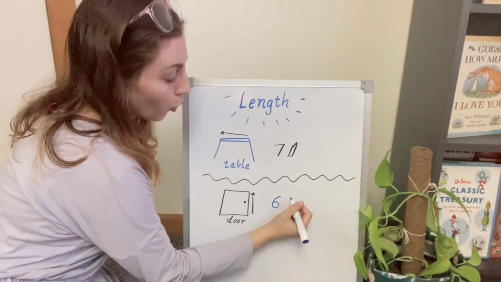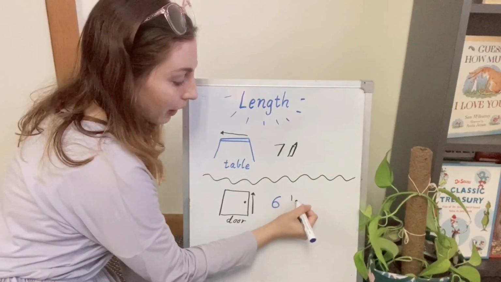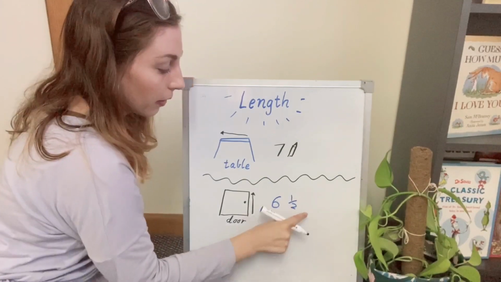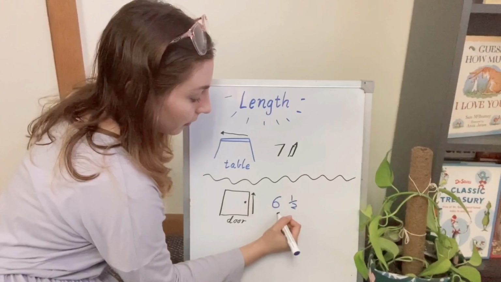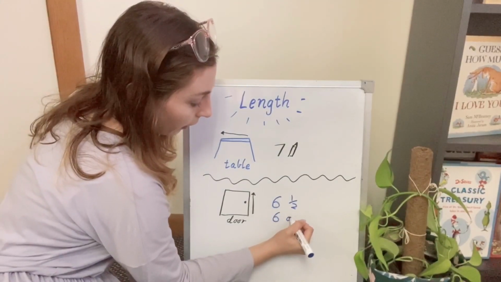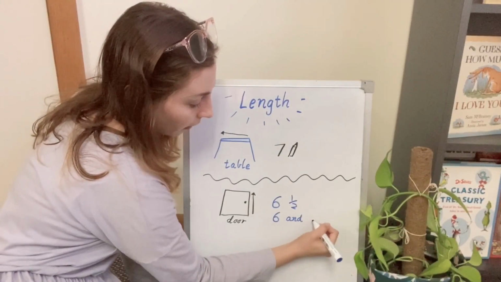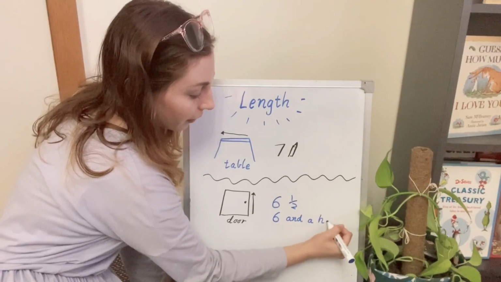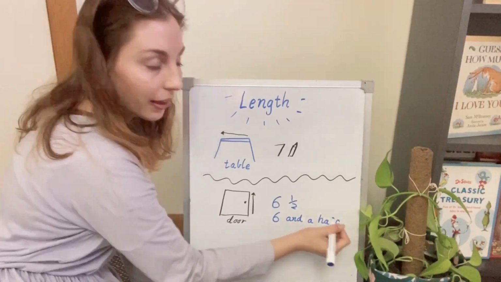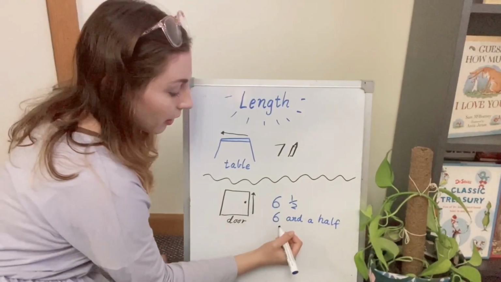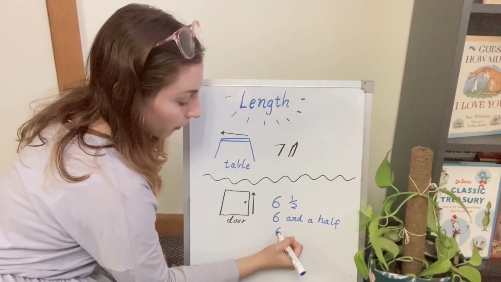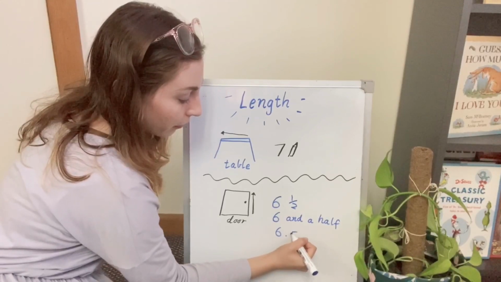6 and a half. You might write 6.5 like this. This means a half, or you might write 6 and a half like that, just how you would say it. The other way that you could write it is to do 6.5.